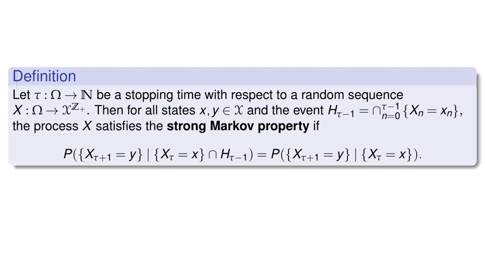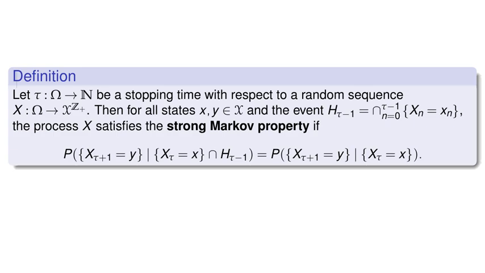Let's define this formally. Let τ mapping from Ω to N be a stopping time with respect to a random sequence X mapping from Ω to 𝒳^(Z+).